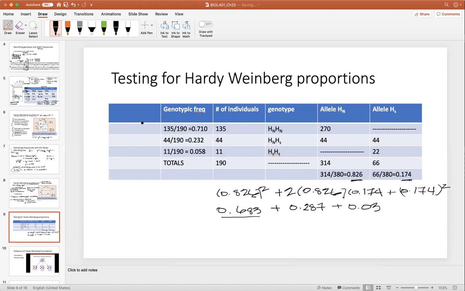And that number works out to be 129.8, but we had 135. This number works out to be 54.5, okay? And then this number works out to be 5.7.